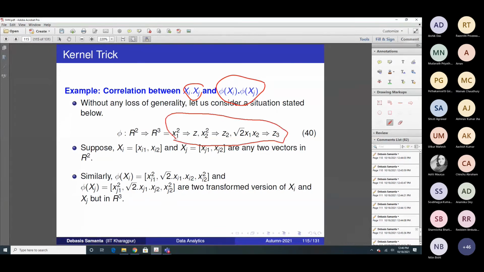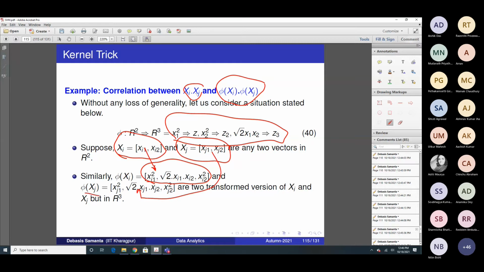This means if one input data is in X region and another input data is in X region, then after transformation phi X, the data in 3D space will be represented by another. So this is this data and this data is this data, right? So the two values are there.